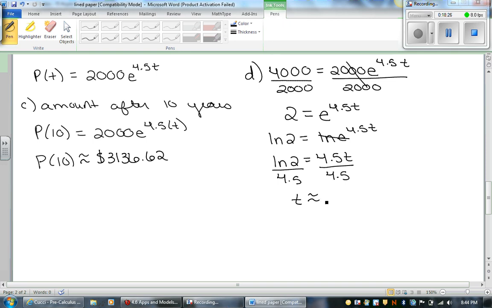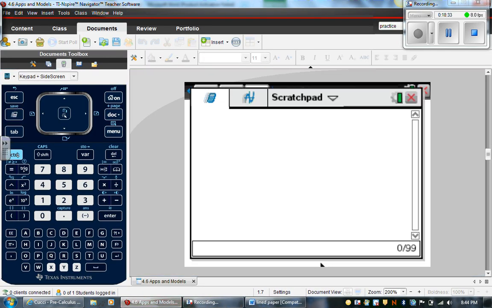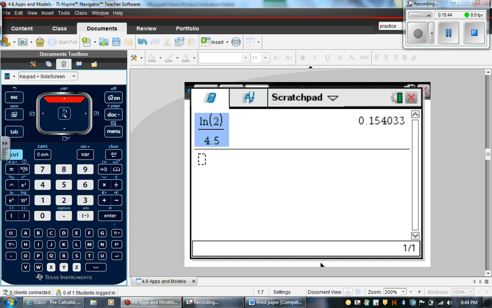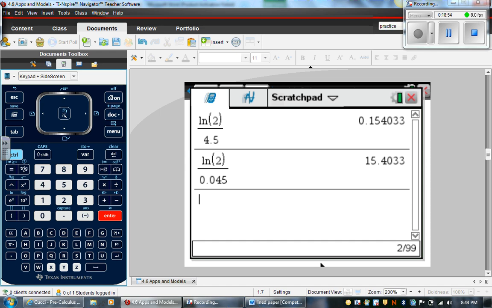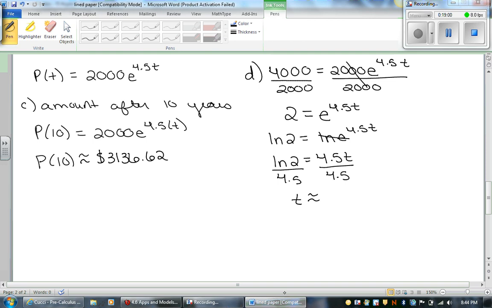And we get t to be approximately, when I place this into my calculator, I put in the wrong value, 0.045, 15.4. Okay.